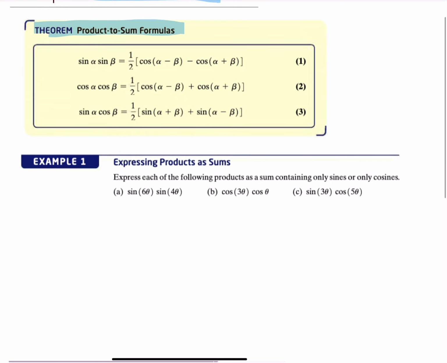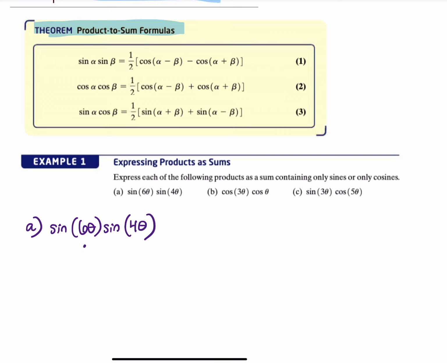So let's start with example 1. We're given, for part A, the sine of 6 theta times the sine of 4 theta. And it says to express each of the following products as a sum containing only sines or only cosines. And we want to express this product as a sum. So let's use this first formula here. Sine of alpha times sine of beta.